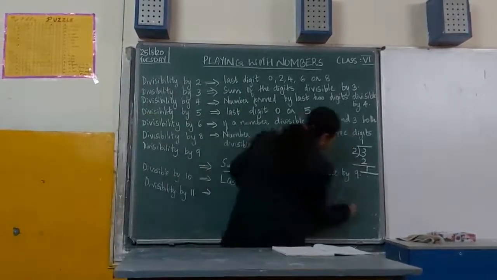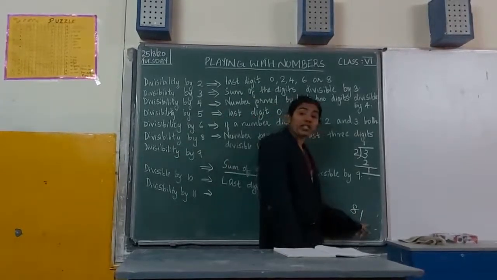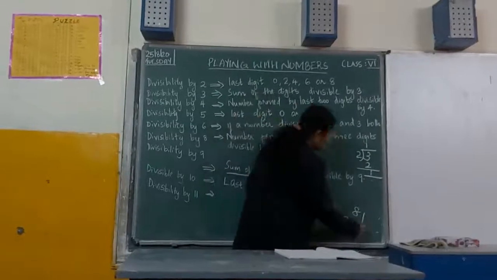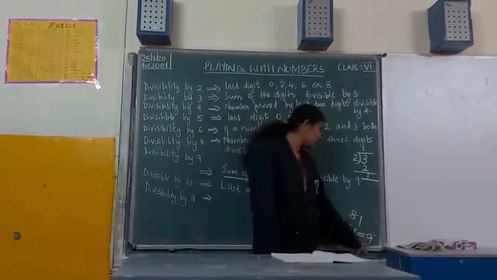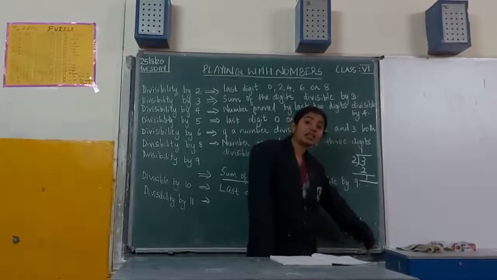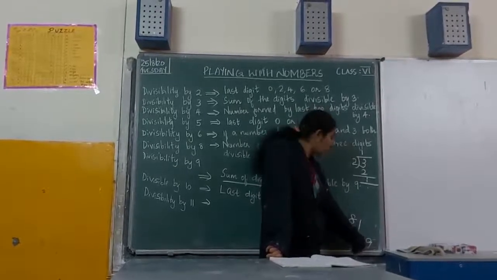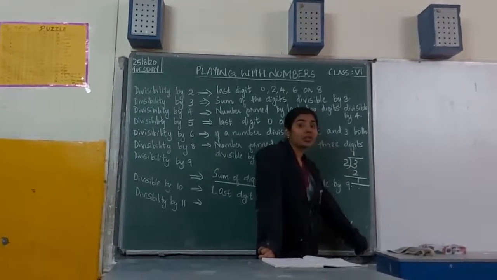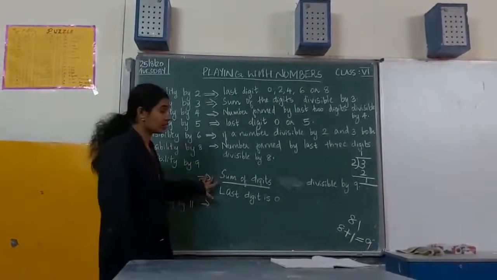For example, 81. Sum of digits, what is it? 8 plus 1, you will get 9. And what is the answer you are getting? You should check the divisibility by 9. 9 is a multiple of 9 itself, 9 is divisible by 9 itself. So we can say the given number is also divisible by 9.